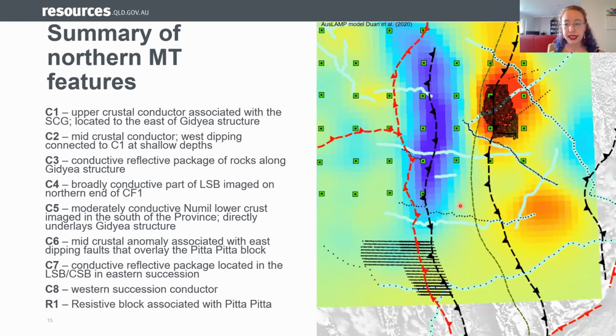And they sit in here through the central part of Mount Isa. And then we've got this western succession conductor, and the lone resistor that I care about, apparently, is the Pitta associated resistive block that runs down through the center of Mount Isa.